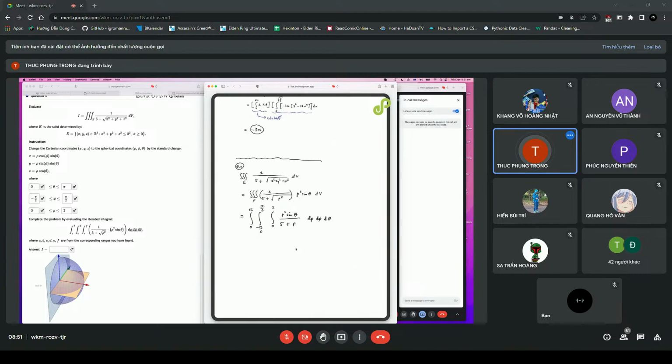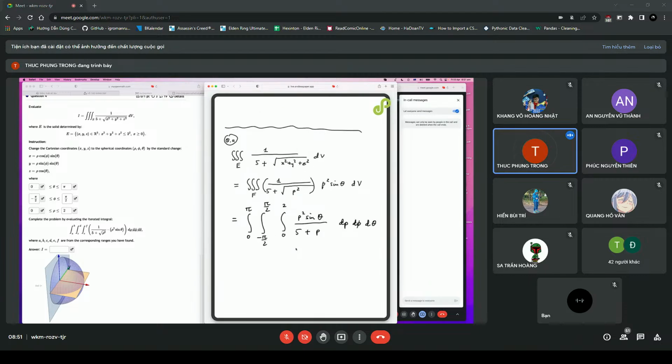And you can see the next thing I can immediately write out is, first, 0 to pi for theta, so sin theta right here, and for phi minus pi over 2 to pi over 2.